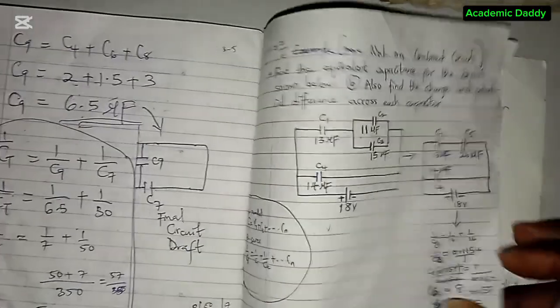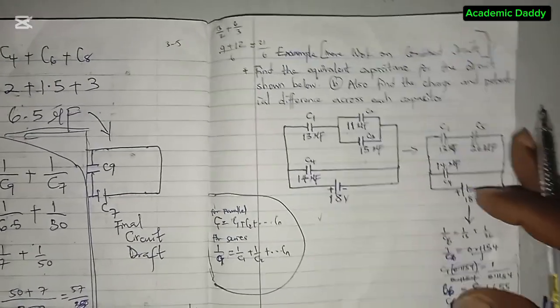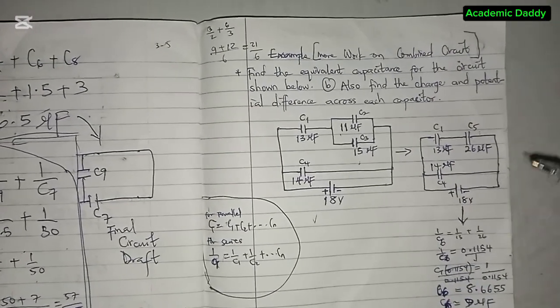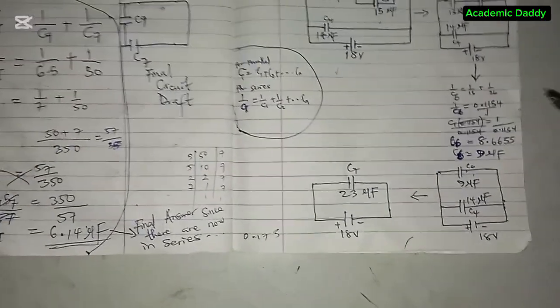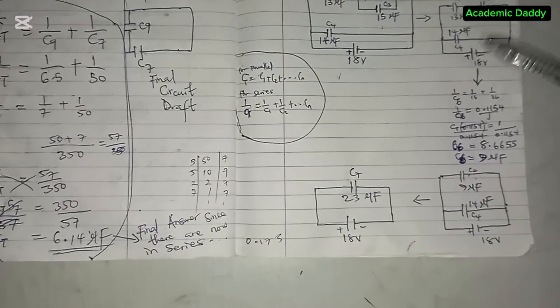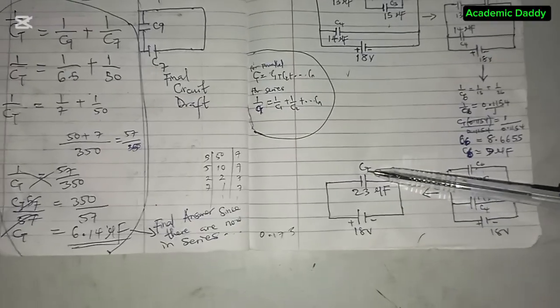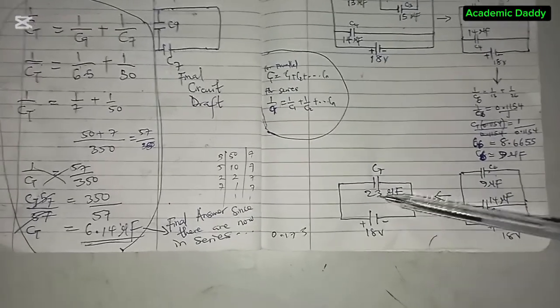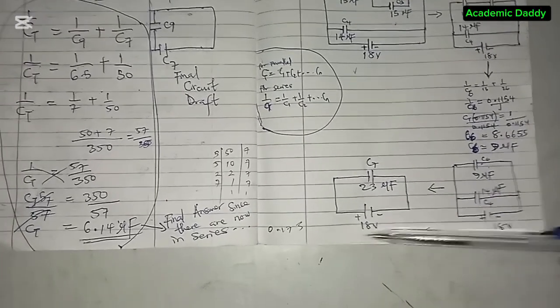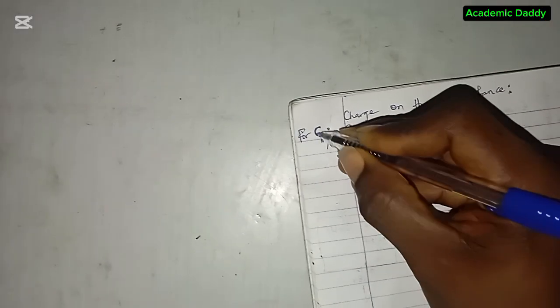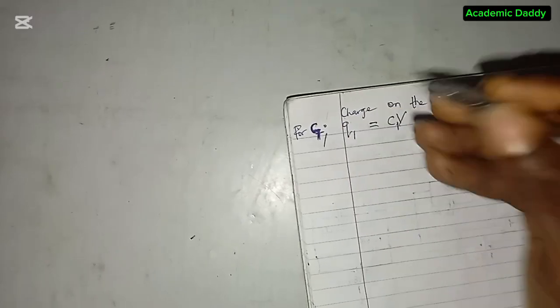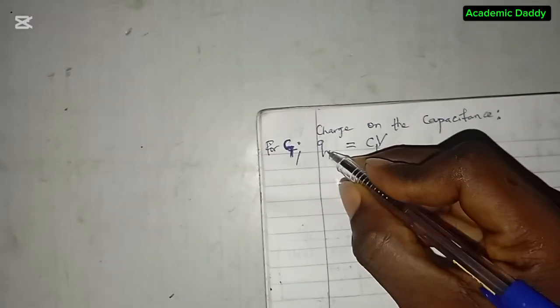I'll have Q1 equals C1V. First of all, I think the best way to do this, before calculating C1, let me calculate the last one, which is C7. That is total capacitance and voltage. So when you want to find charge or voltage, always start from the last one so that you backtrack.